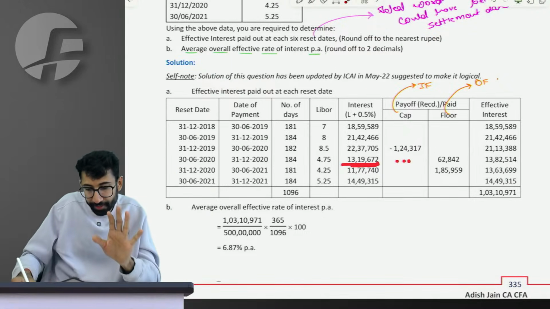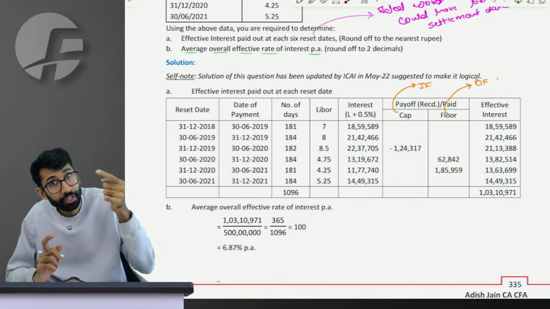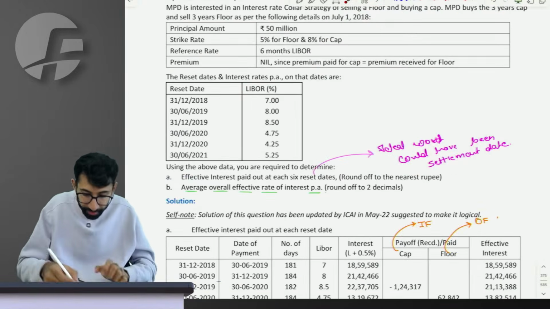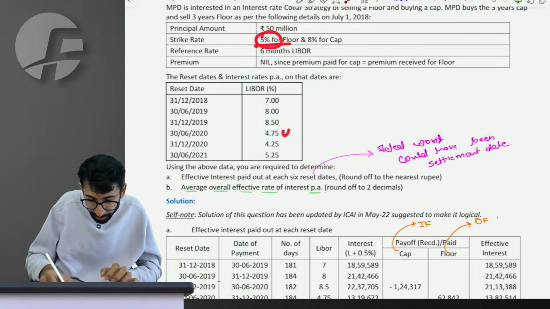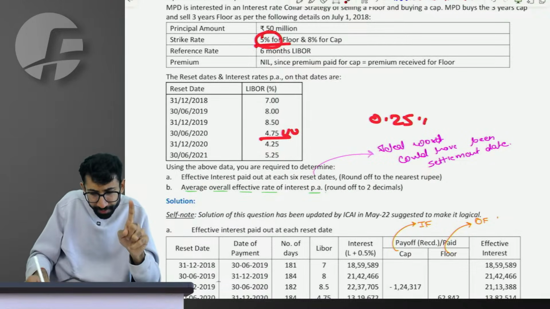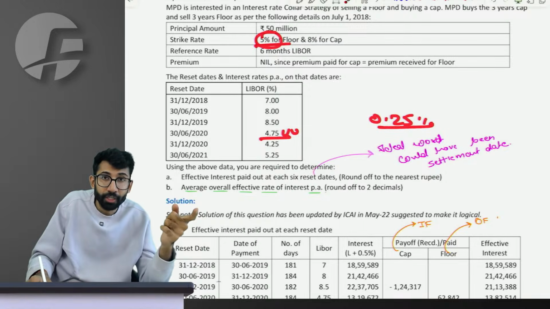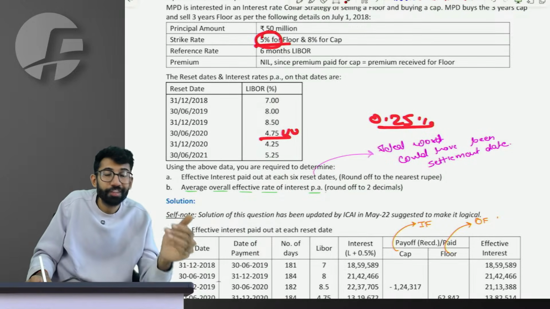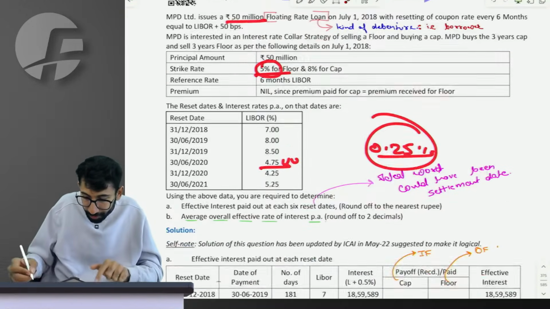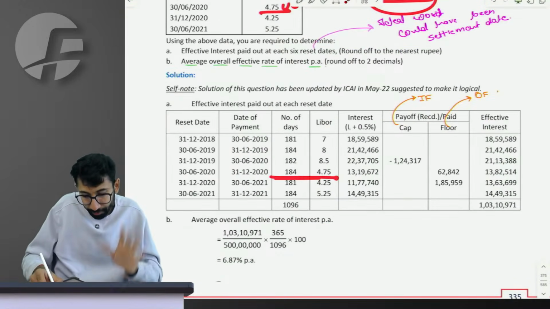Cap doesn't get exercised. Floor, which means you have given an option to the other party. If the other party wants, they can lend you at 5. If the rate is 4.75, will it lend? Yes. How much is his gain? 0.25. Which means he will receive 0.25%, meaning I will have to pay him 0.25% of 50 million for a period of whatever number of days.